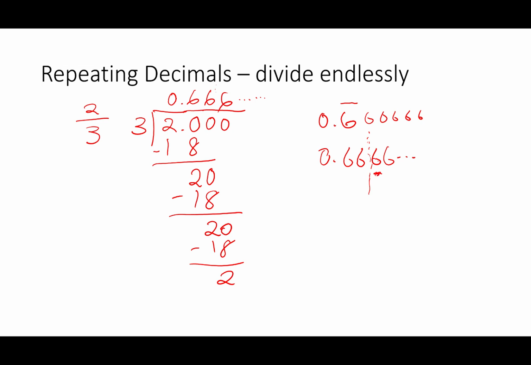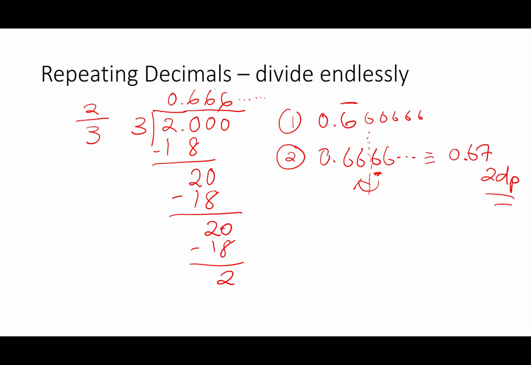This is more than 5, so we have to round it up. So for 2 decimal places, we get 0.67. So that is the 2 options that we have. Either we use a bar to represent that this digit 6 is repeating forever, or we round it up to the appropriate number of decimal places.